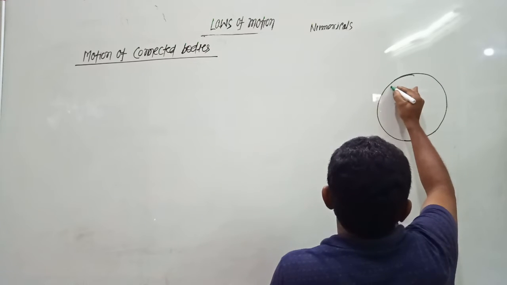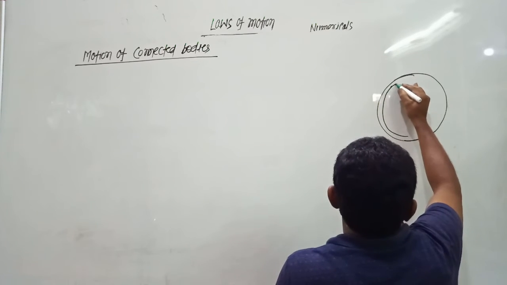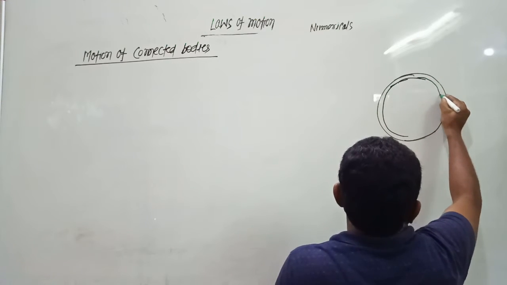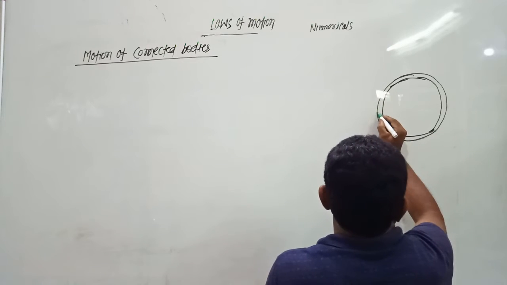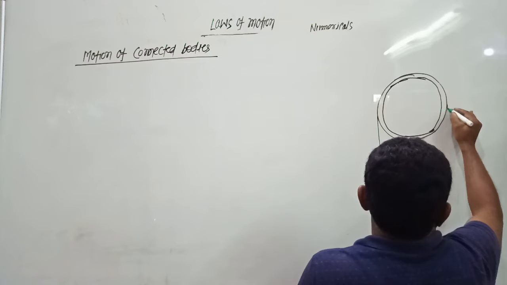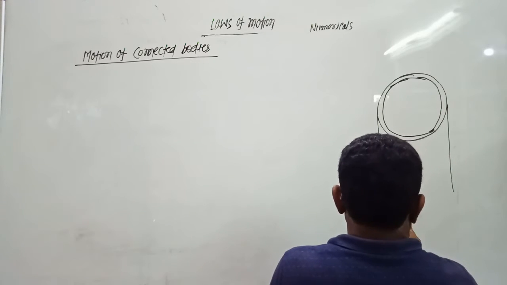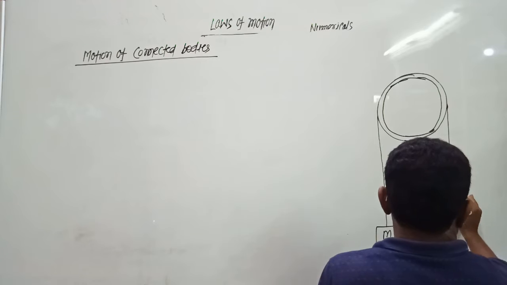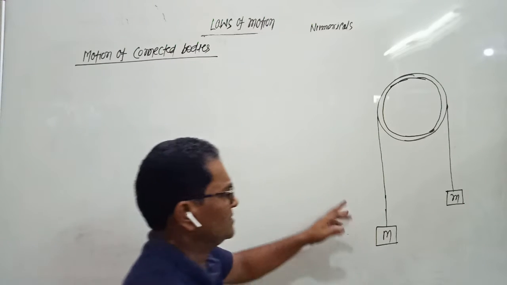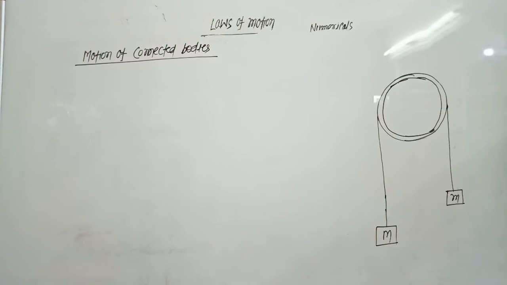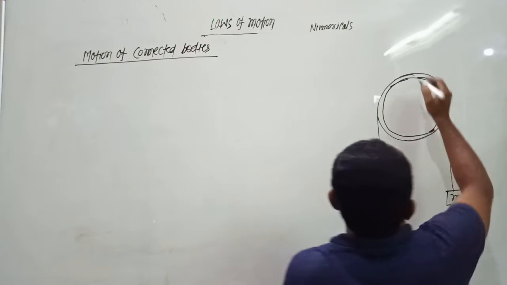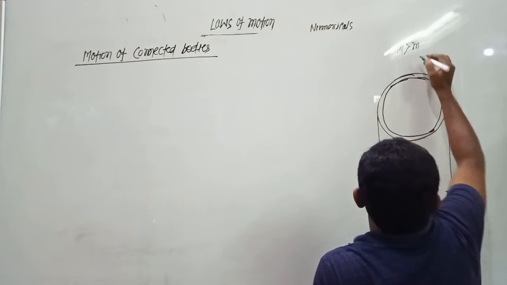There are two masses, capital M and small m, connected by a string, and they pass over the pulley. Capital M is greater than small m.